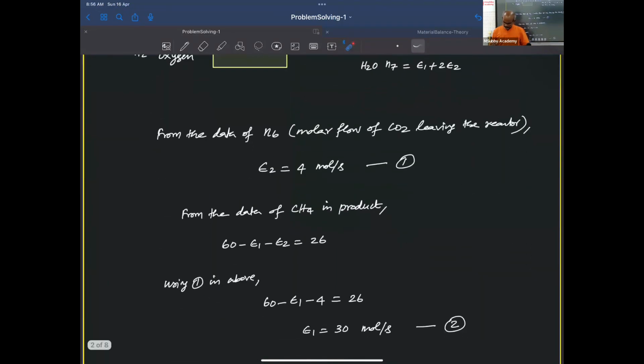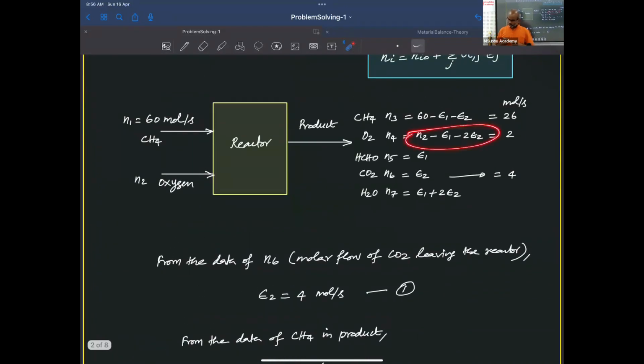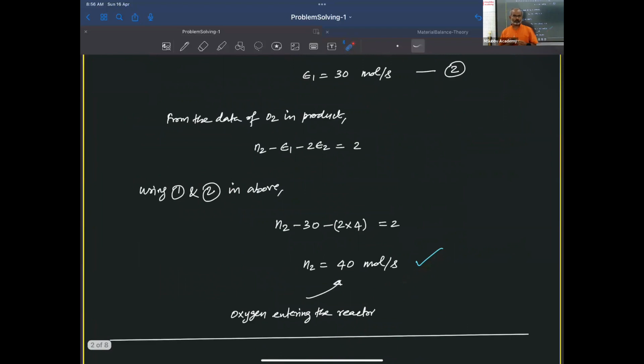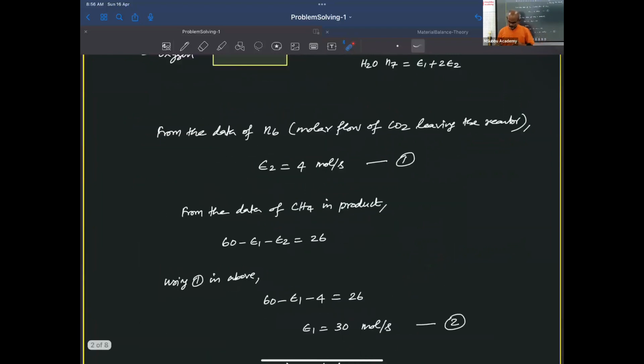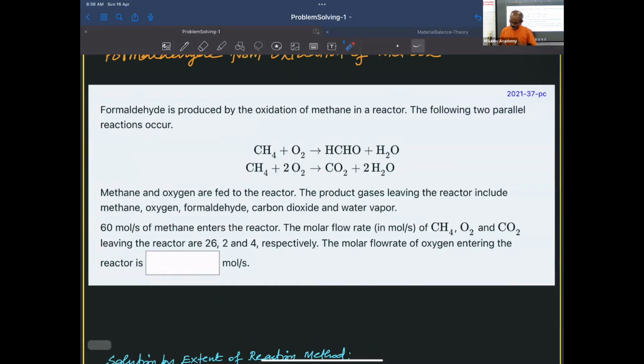So E1 and E2 are now available, and N2 is simply available from this equation, substituting the values of E1 and E2. So our problem is now essentially solved. What is asked is the molar flow rate of O2 entering the reactor, which is simply 40. So this is the correct answer.